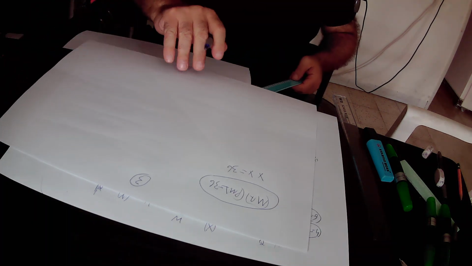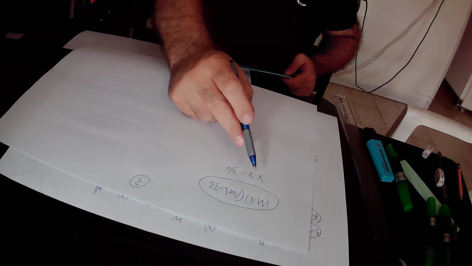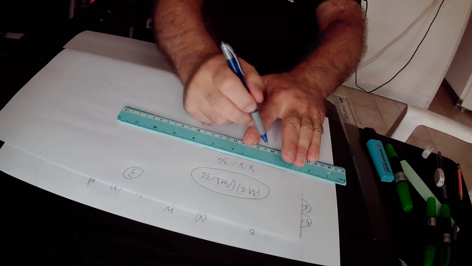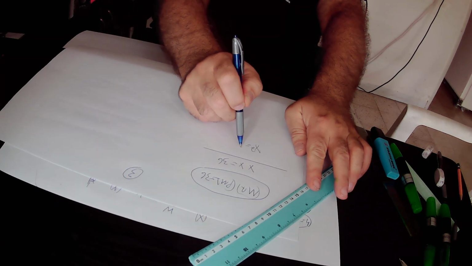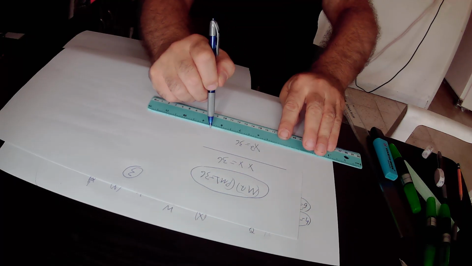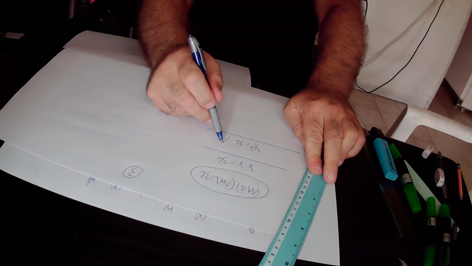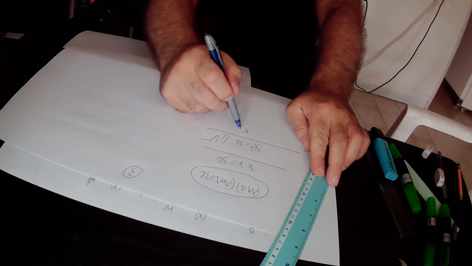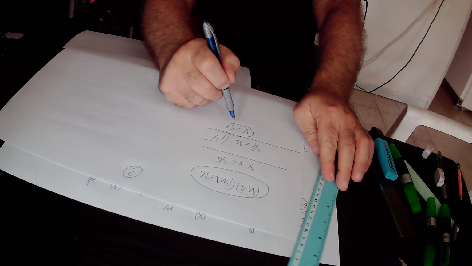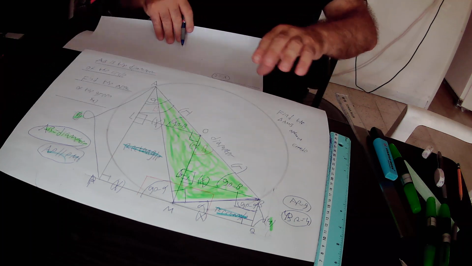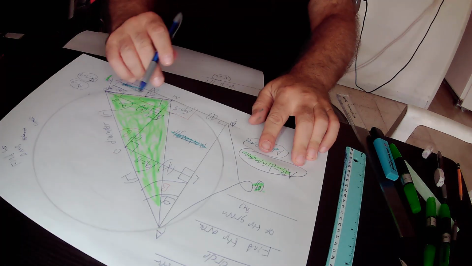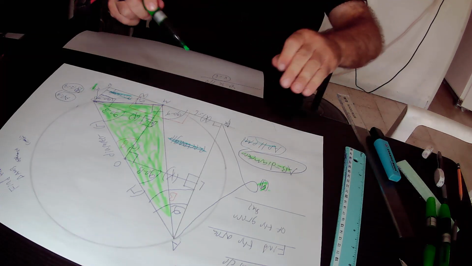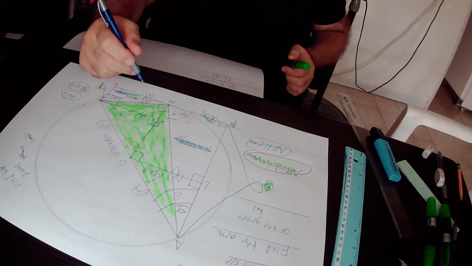And again, we already found out that MQ times PM equals 36. MQ is x, PM is x, so x times x equals 36. x times x is x squared, so x squared equals 36. Here we take the square root of this equation and find that x equals the square root of 36, that is 6. x equals 6 units in its length.